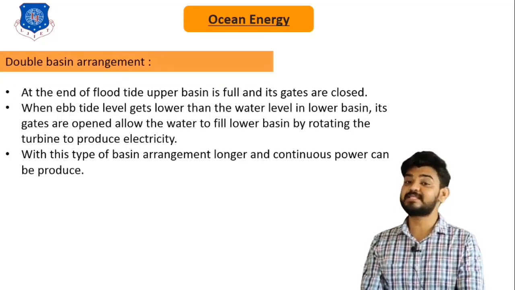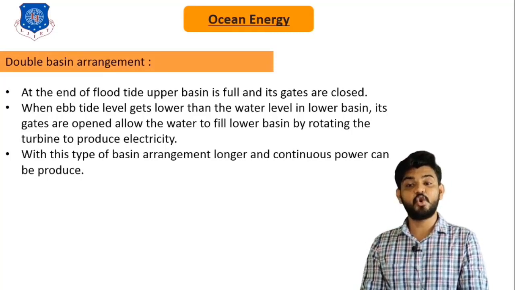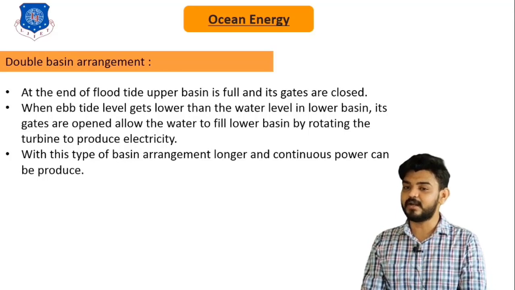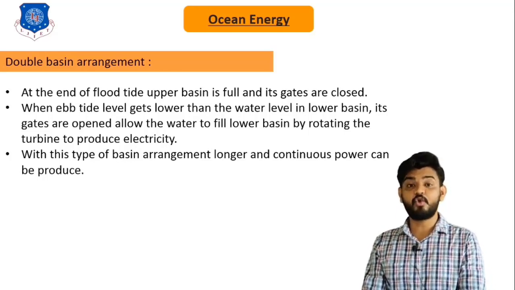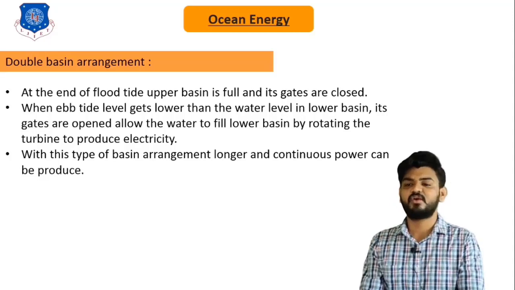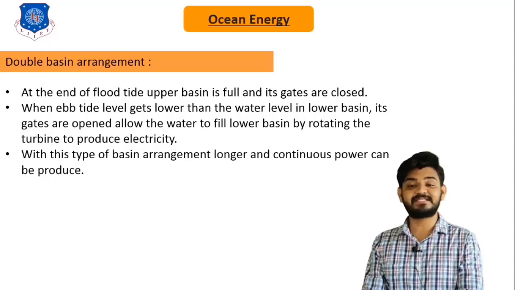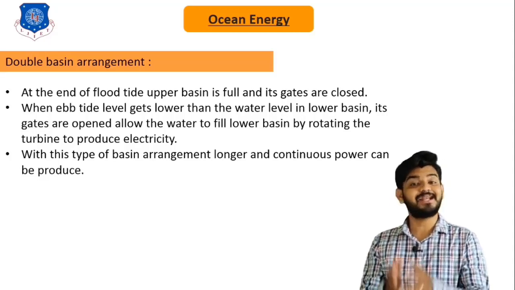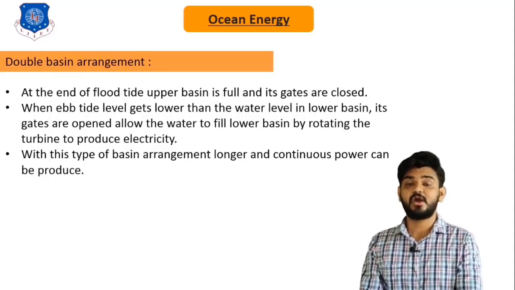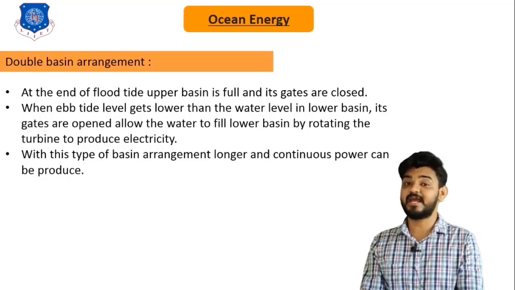When there is an ebb tide, the ocean level gets lower than the water level in the lower basin, its gates are opened and allow water to flow into the ocean. This is how the turbine rotates once again and we can produce electricity one more time. So with this type of basin arrangement, longer and continuous power can be produced. This concludes all the operational methods for the utilization of tidal energy.